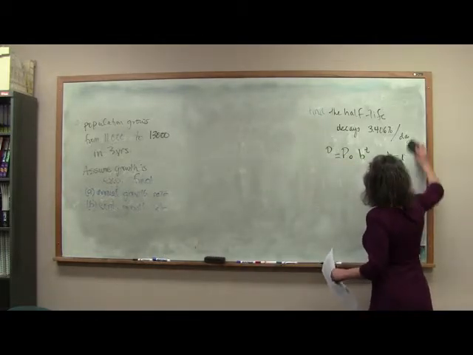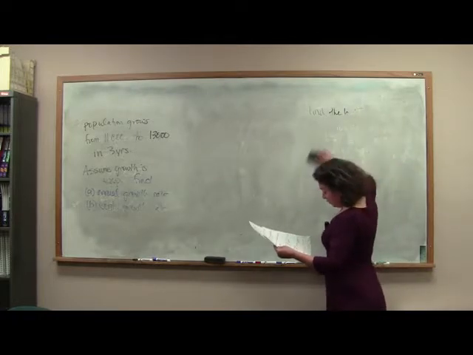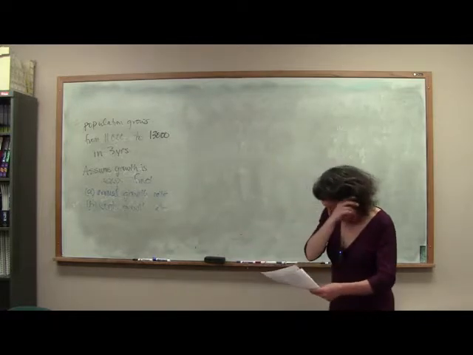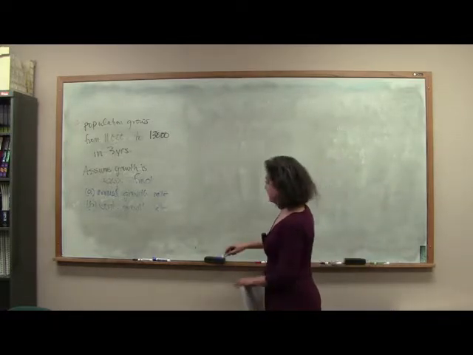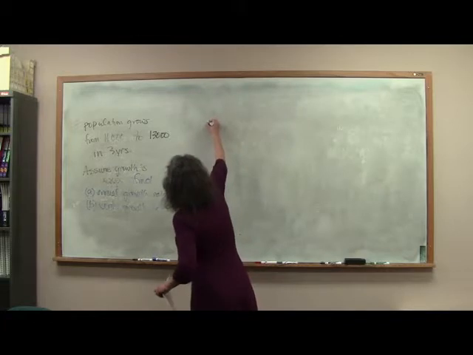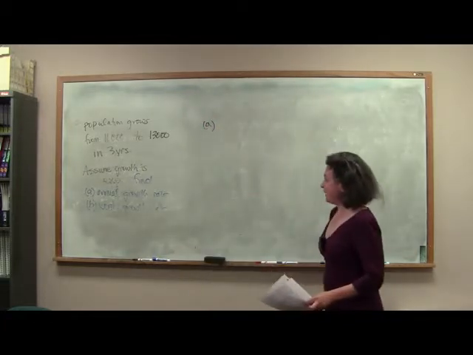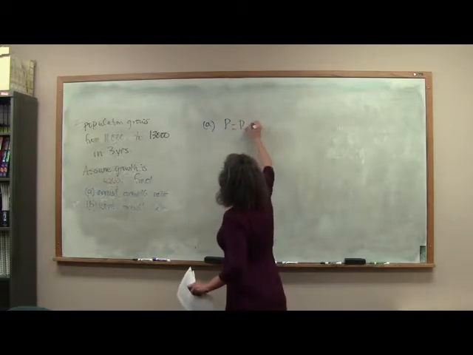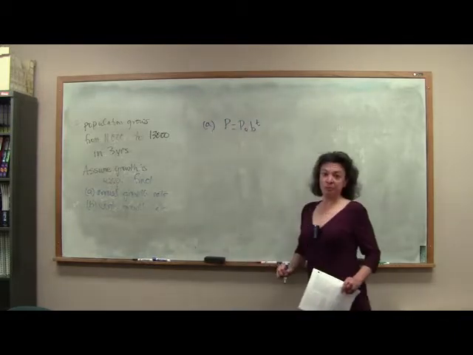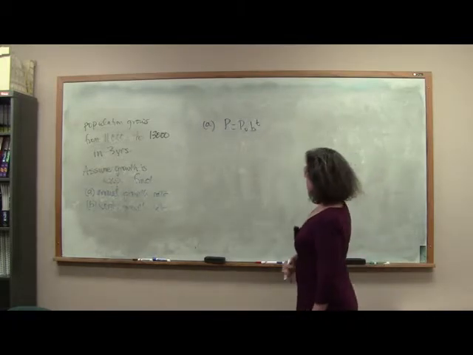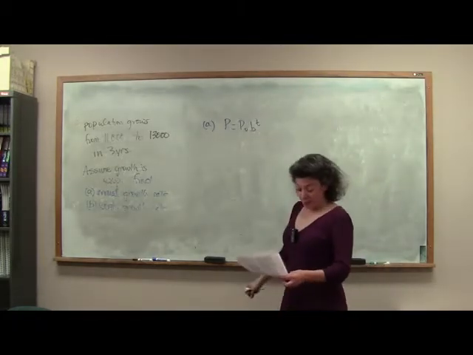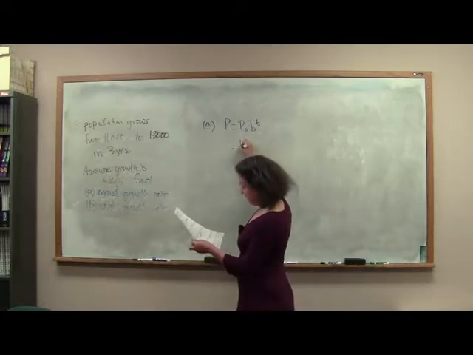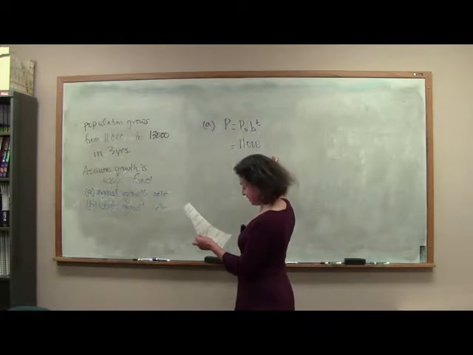All right, now how will we go about this? Well, let's first do part A, where we want to find the annual growth rate. That tells us we're going to use this form. We're going to want to find our value of B. Well, what do we know? We know that we start out with a population of 11,000.